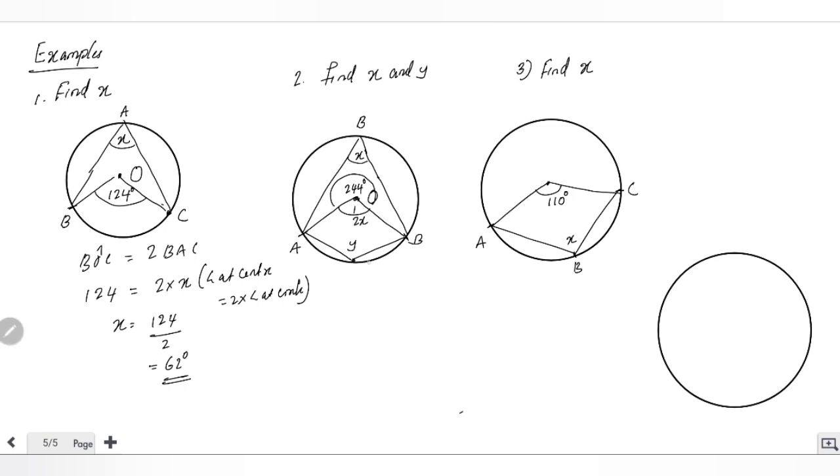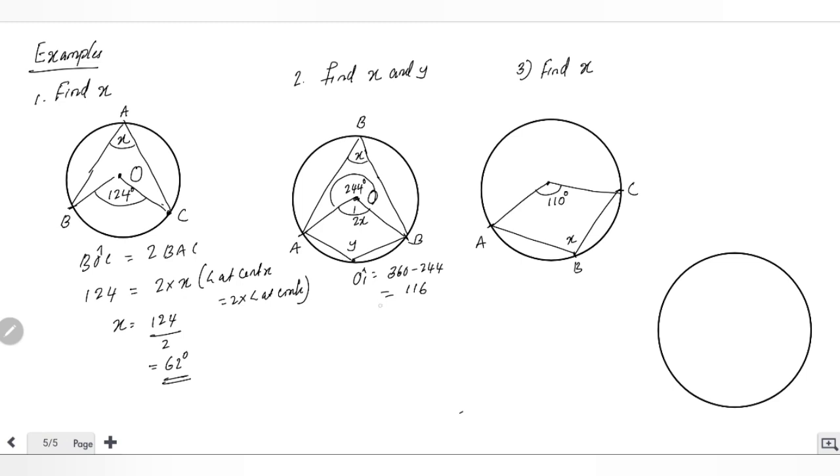So we can find O1 first. What is O1? O1 is equal to 360 minus 244. What is that? 360 minus 244 is 116, isn't it? Let me check. Yes, 116. That is O1, isn't it?